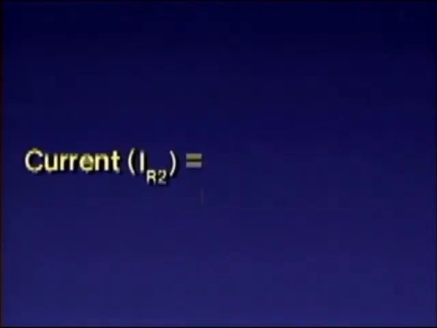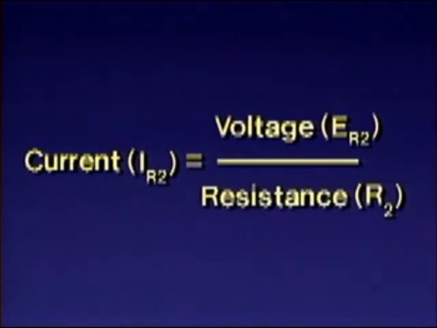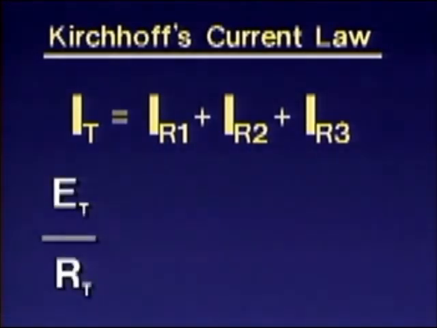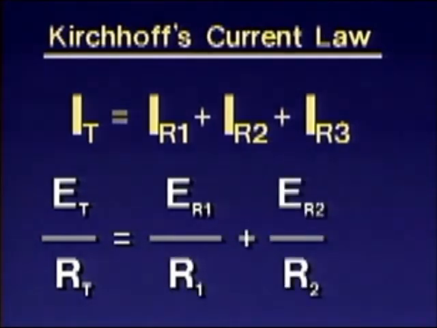The current in branch 2, or IR2, is equal to the voltage of branch 2, or ER2, divided by the resistance in branch 2, or R2. Substituting this value into Kirchhoff's current law, you have ET divided by RT equals ER1 divided by R1 plus ER2 divided by R2 plus IR3.